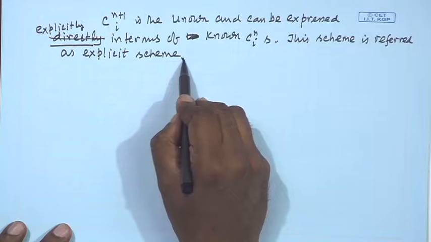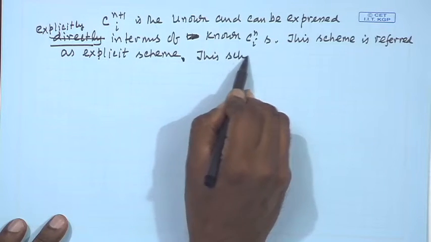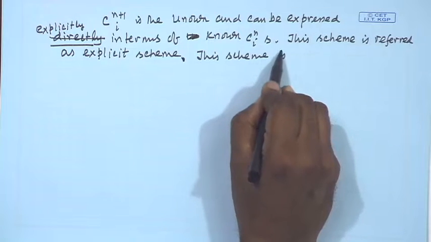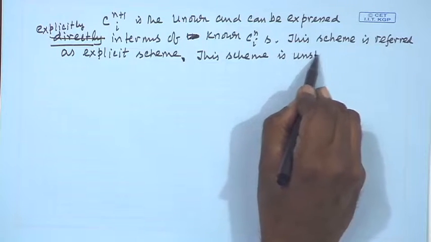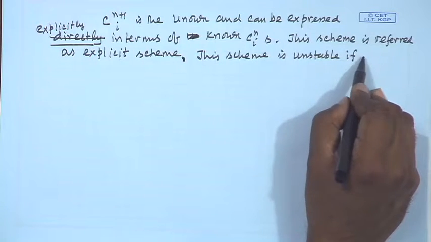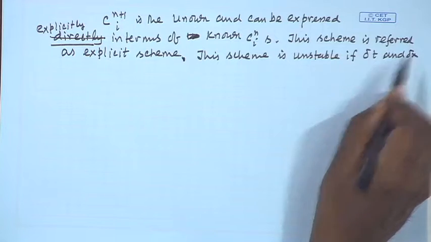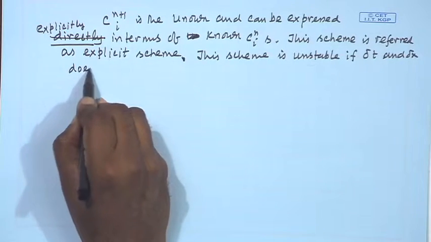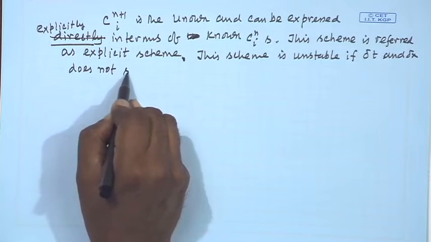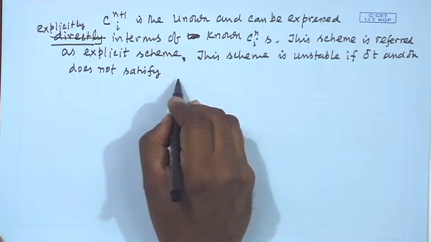The drawback of this explicit scheme is that it is unstable if delta t and delta x do not satisfy this condition.